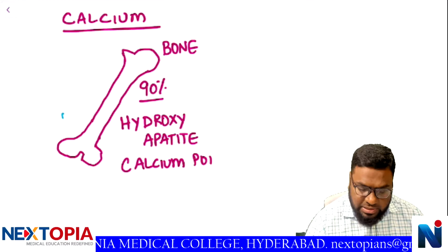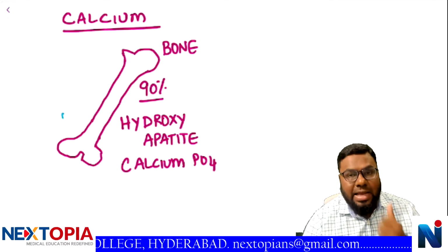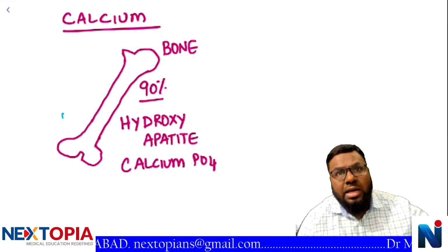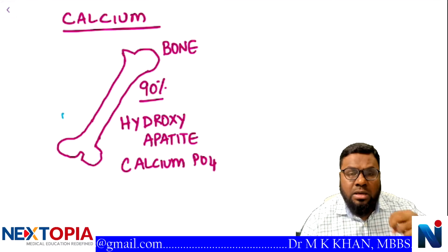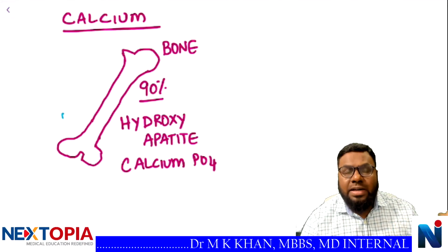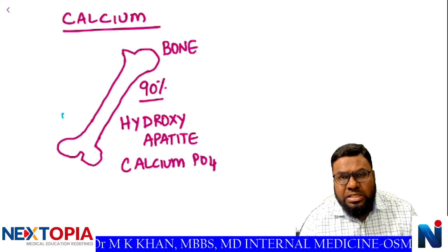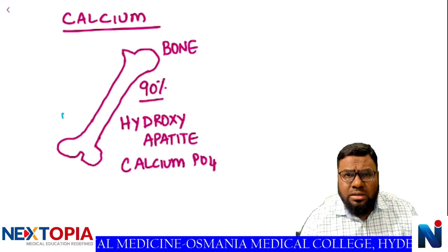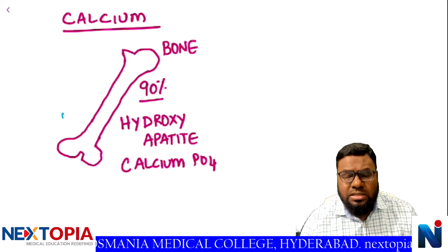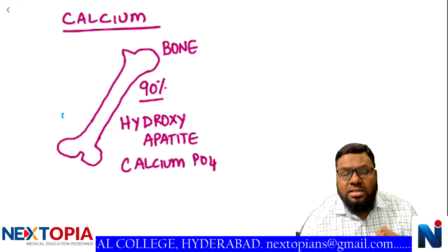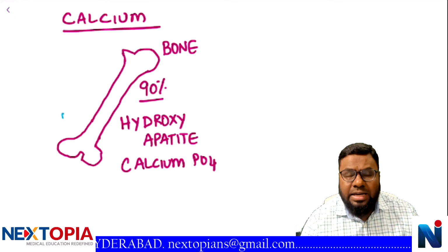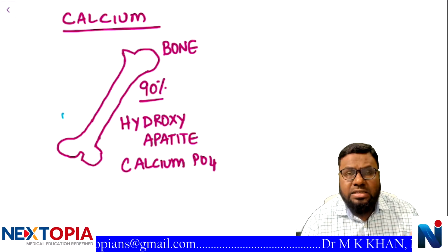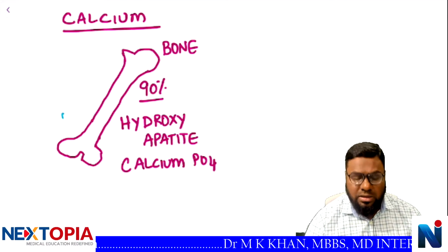So whenever the body needs calcium, calcium comes out of the bone, it enters into the blood, it causes various metabolic events like neuronal stimulation, like excitation of the muscle contraction complex, like various other hormonal release, enzyme release, and various other metabolic pathways.